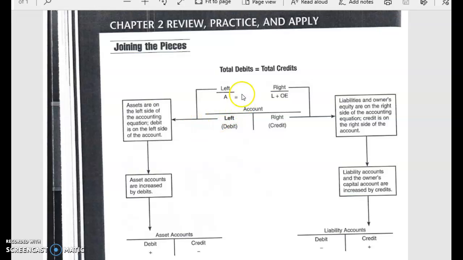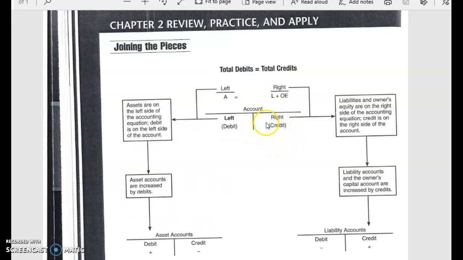I wanted to remind you that total debits equal total credits. And we were talking about debits and credits and a T account earlier last week. So, if you want to review on the T account, right here is a T. It just looks just like the letter T. The name of the account goes at the top of the T. Now the left side of the T account is called the debit side, and all debit means is on the left.